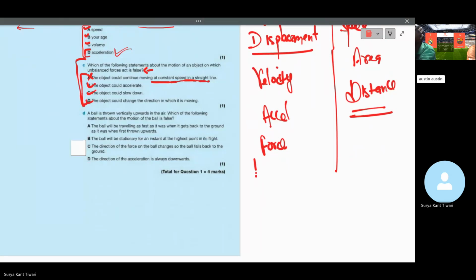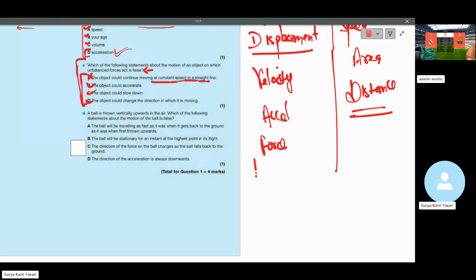The ball will be stationary for an instant at the highest point in its flight. The direction of the force on the ball changes, so the ball will fall back on the ground. The direction of the acceleration is always downward.